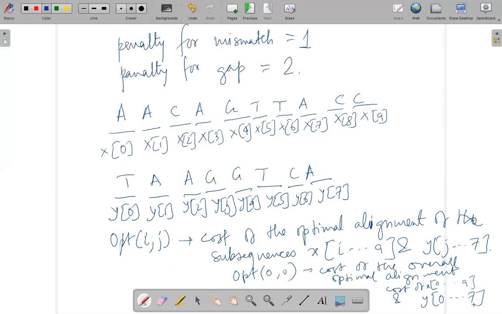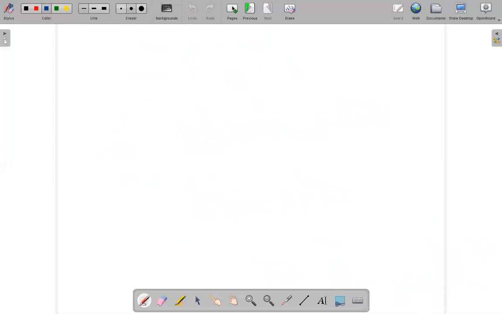Okay. Now, if you see carefully, the optimal alignment must start with one of the following.